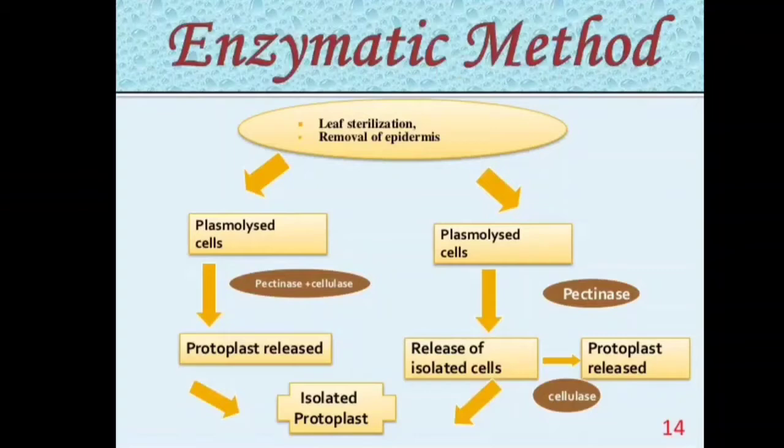In the mixed enzyme method, we take all the substances, cellulase, hemicellulase and pectinase, and the mixture is used for cell wall degradation. In the second method, first pectinase is used, which separates the cells, and then cellulase and hemicellulase are used in the mixture for the digestion of the cell walls.